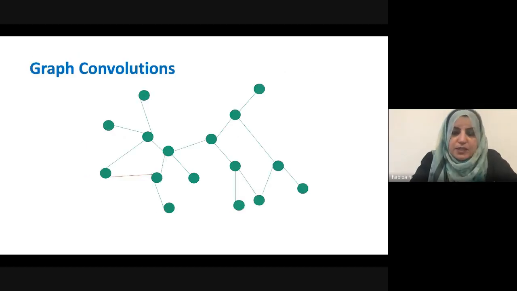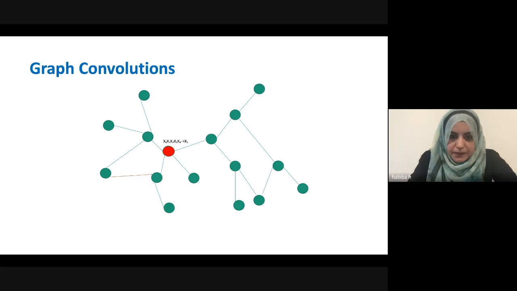Let's suppose this is our data, which is a set of nodes. Those blobs are the nodes, and the edges between them are the connections. Let's suppose we are interested in predicting something about the red node.